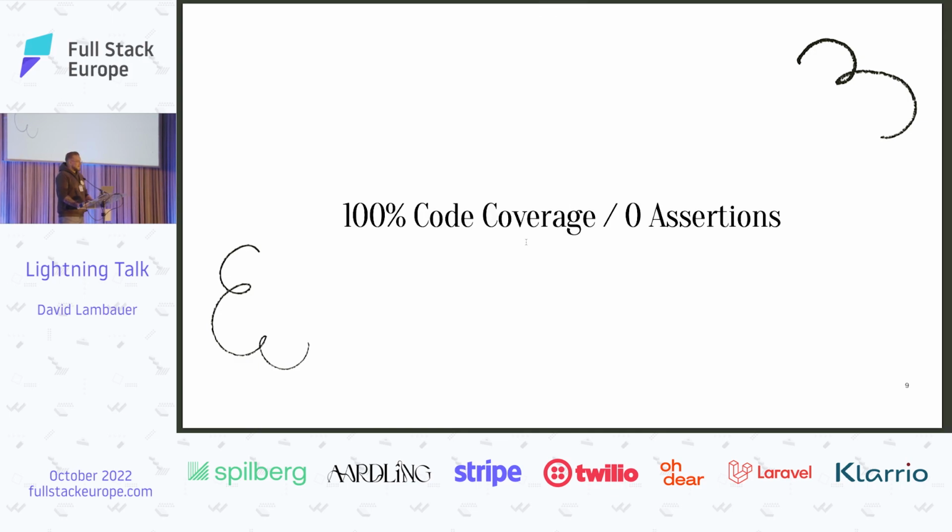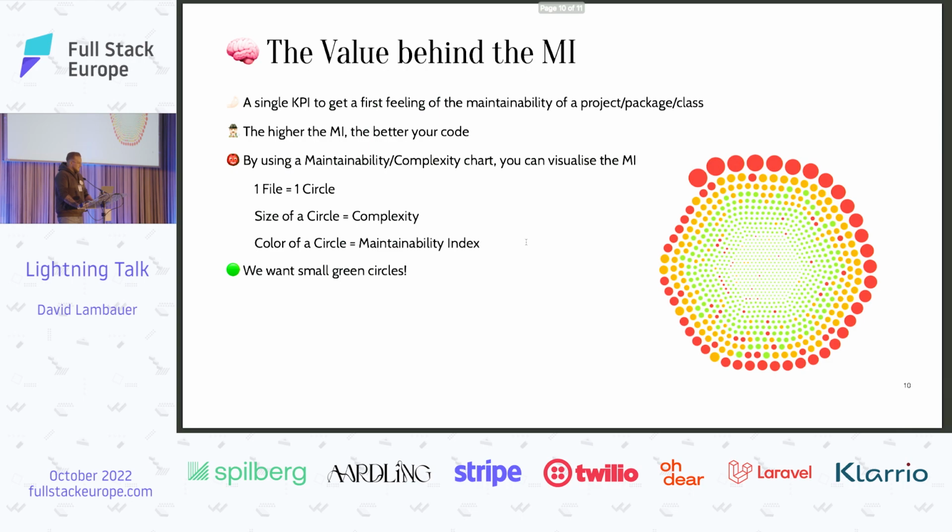You can achieve 100% code coverage, for example, which is perfectly fine, and most of us would say, whoa, that's a good thing. But if you don't have any assertion in that test, then what value is behind that? You're just running the code. So the real value behind the Maintainability Index is that you can step out a little bit and look at your project from the outside.